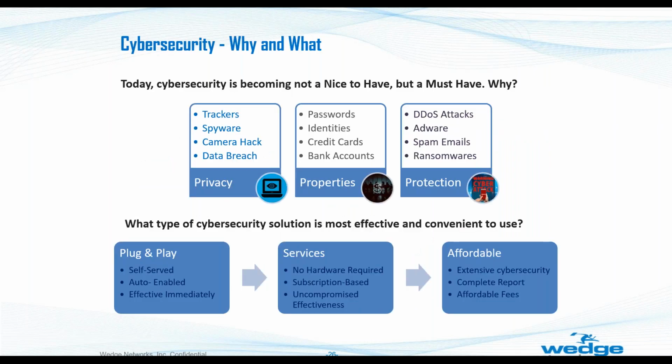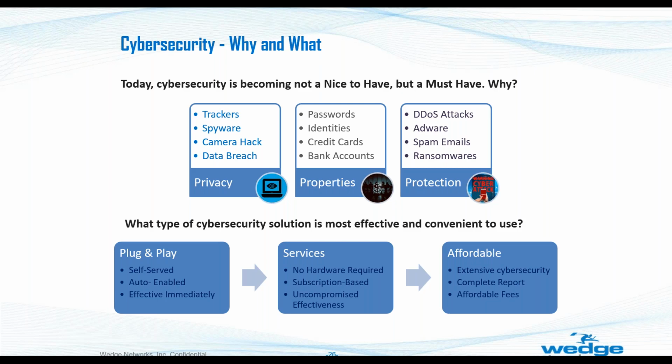Let's take a closer look at why cybersecurity is needed for each Wi-Fi user and what kind of solutions meet your needs. In general, the main security concerns for the ordinary user revolve around privacy, property, and protection against attacks, which can be referred to as the 3Ps.